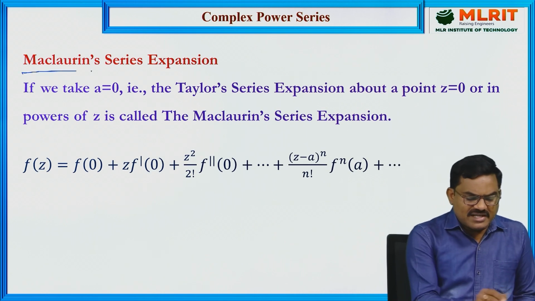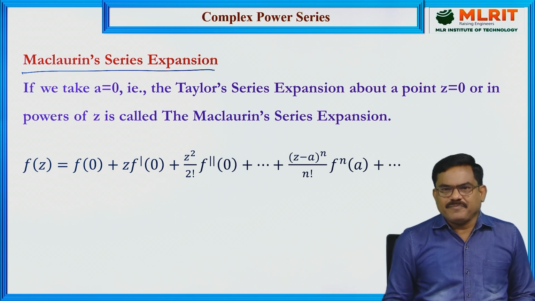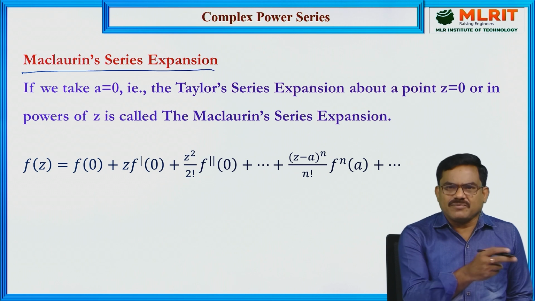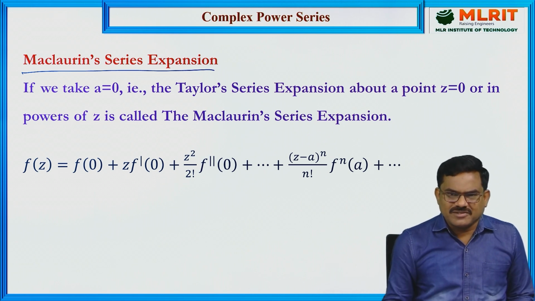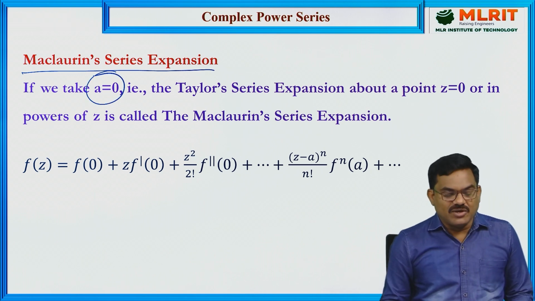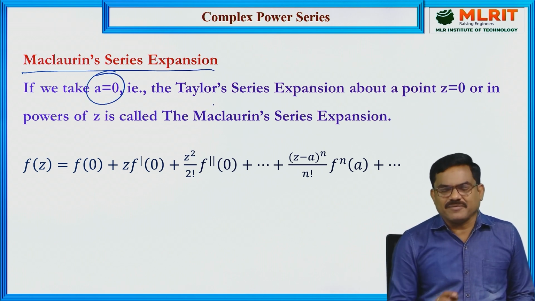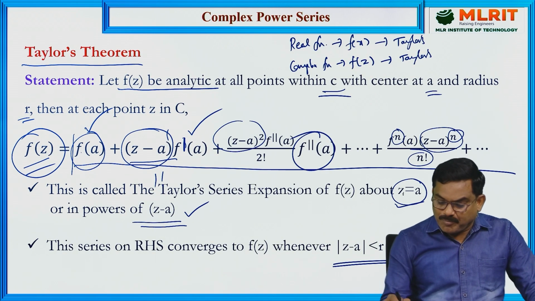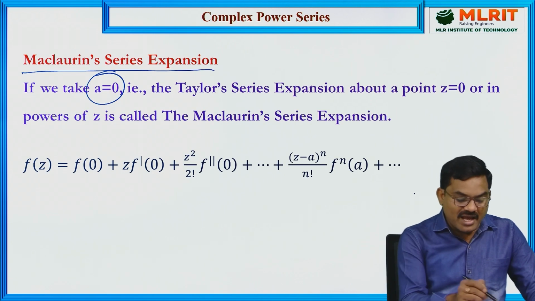Similarly, the next one is Maclaurin series expansion, and here the Maclaurin series expansion is a part of Taylor series expansion, or a subcase of Taylor series expansion. Simply, if we take a equal to 0 in the Taylor series expansion. Taylor series expansion is about a point z equal to a, but here a is 0.